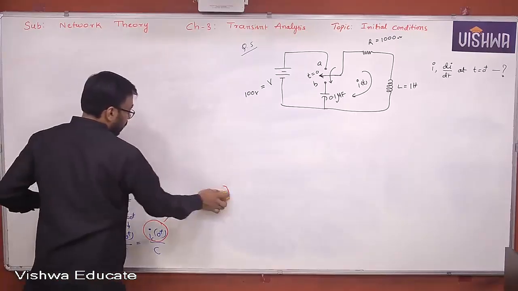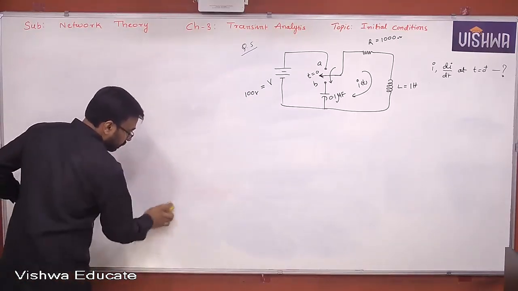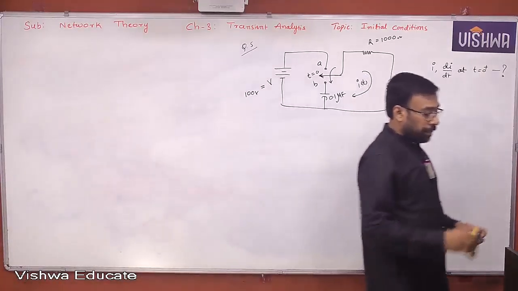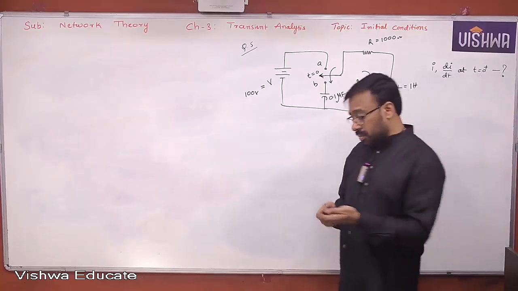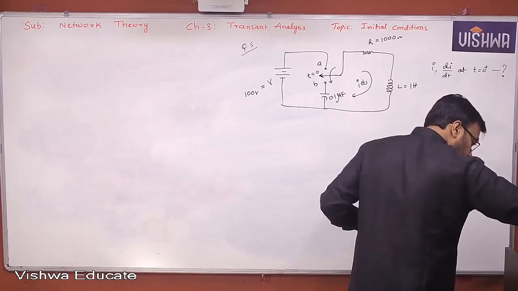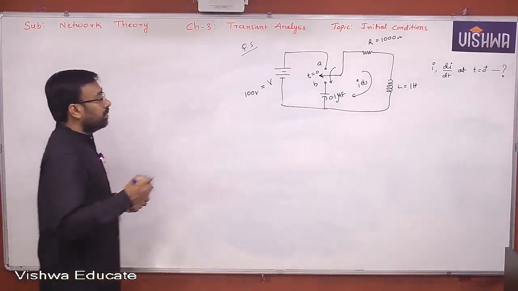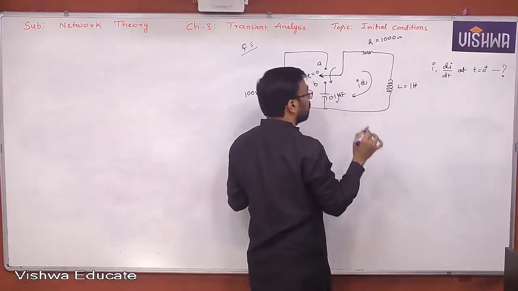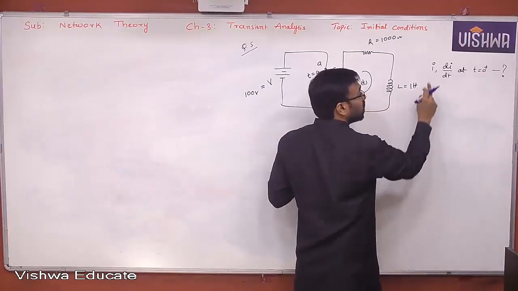Now let's try to find the things asked in the problem. Whenever t equal to 0 plus conditions are asked, your focus must be on which quantity is asked here.